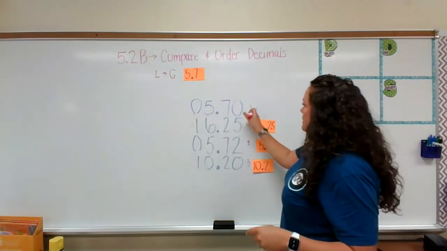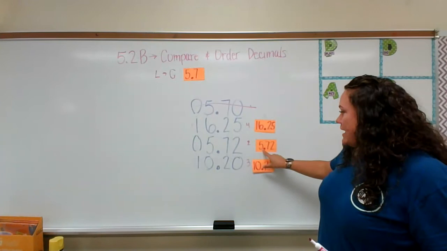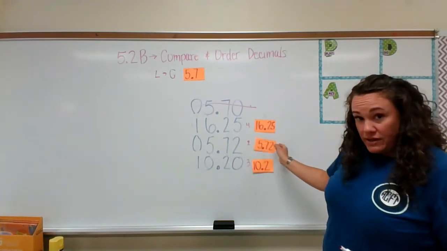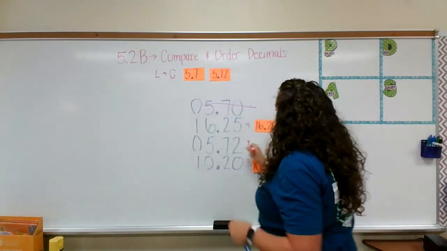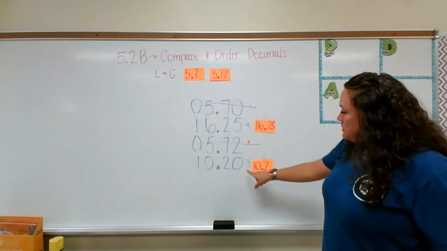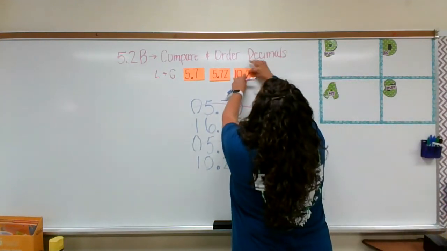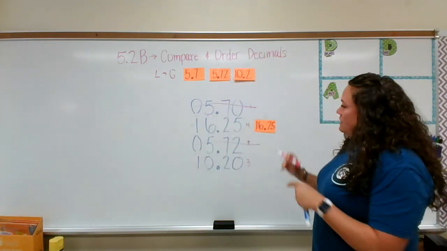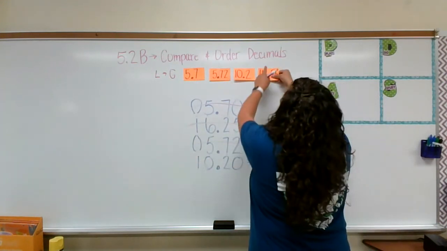Next, number 2, 5 and 72 hundredths. The next one, number 3, is 10 and 2/10. And last, 16 and 25 hundredths.